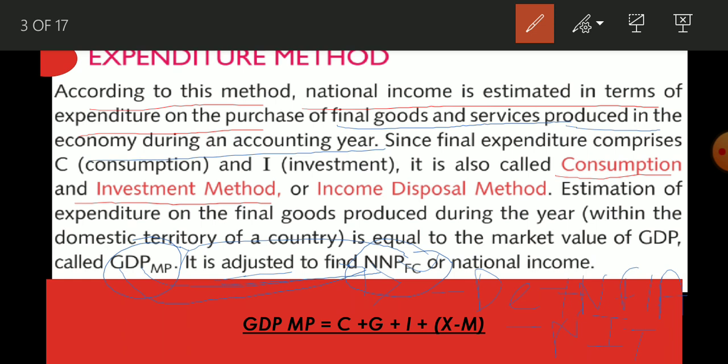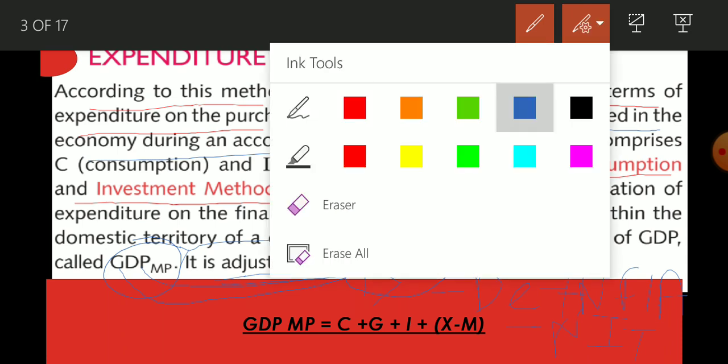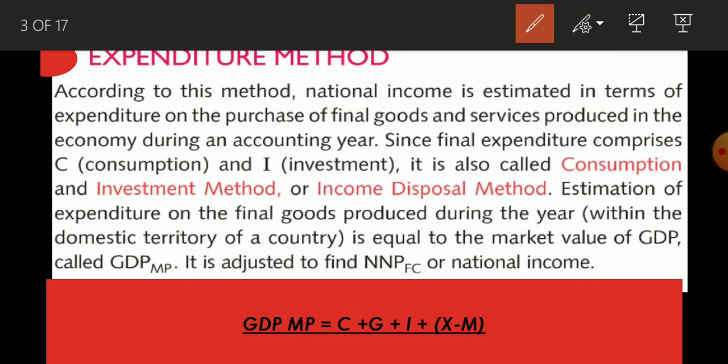GDP MP means gross domestic product at market price, and NNP FC is net national product at factor cost. Whenever you use the expenditure method, you get GDP MP, and for getting NNP FC you have to do adjustment. This method is expressed as GDP MP equals the sum total of C plus G plus I plus X minus M. Its proper explanation is in the further slides.